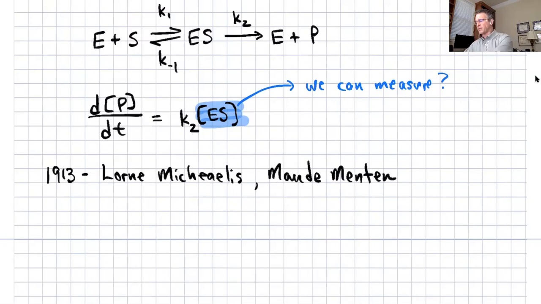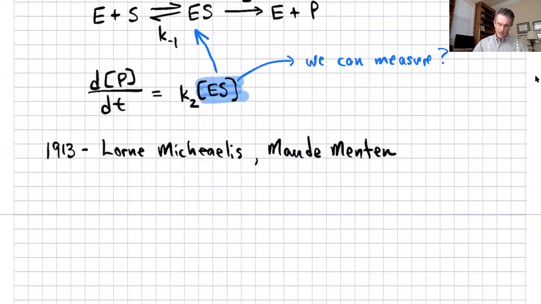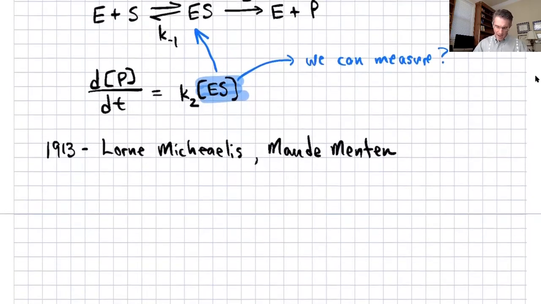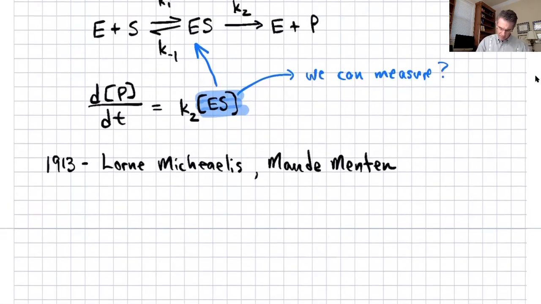Their simple additional assumption was to say, what if we assume that the enzyme substrate complex is in thermodynamic equilibrium with the free enzyme and the substrate? If we can assume that, I could write down from that scheme something that looks like this.